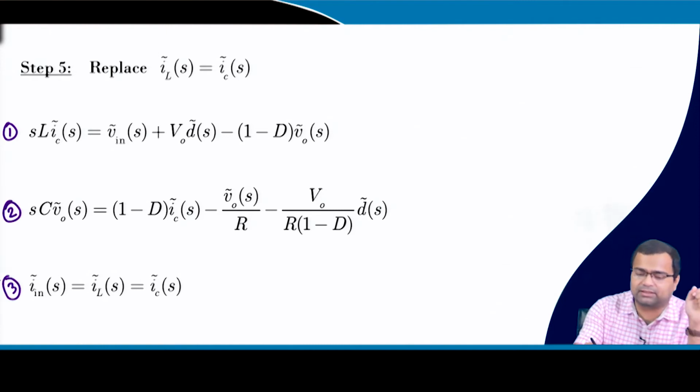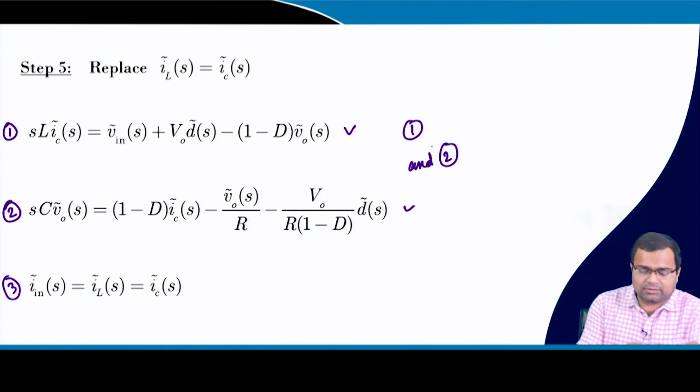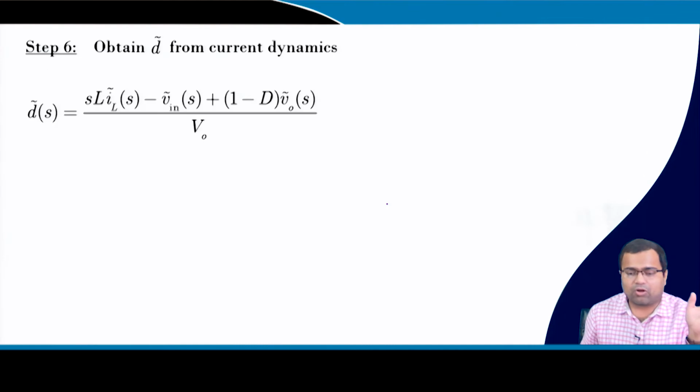So, if we take equation 1 and 2, from these two equations, all this consists of input, output and so on. So, I can get d hat, or in fact we can use one of the equations, the current dynamics.